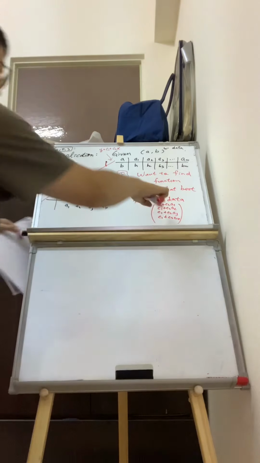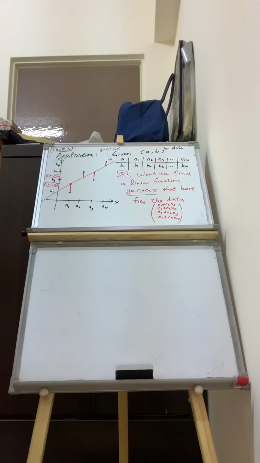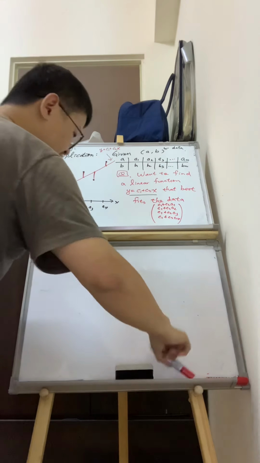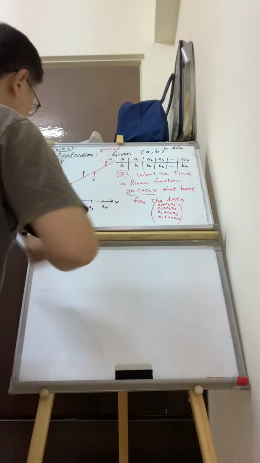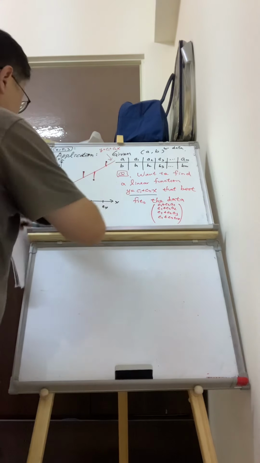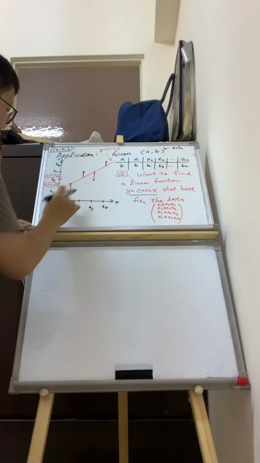If we have 4 data, then for the original value, when x equals A1, it's B1. So the original is B1, B2, B3, B4.